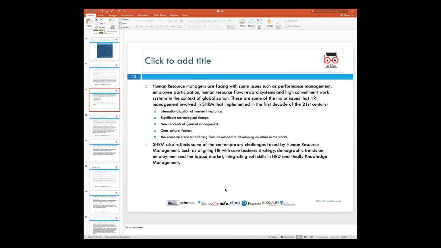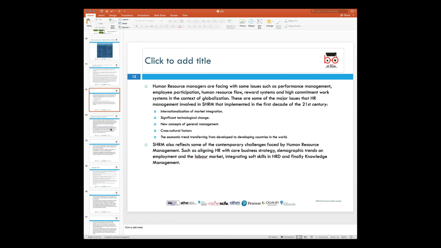We are looking at cross-cultural factors, which is workforce diversity essentially, and then the economic trends, leading to the transfer of technology, which is basically creating manufacturing and employment opportunities from developed to the developing countries. And these are the reasons why the role of SHRM is becoming much more important in organizations which are predominantly working in a global context or have operations in different countries.